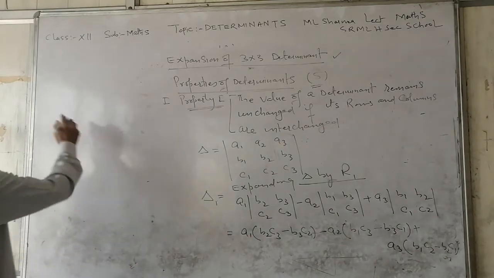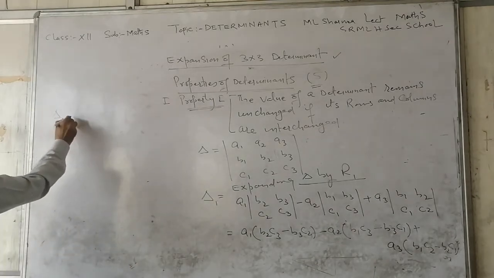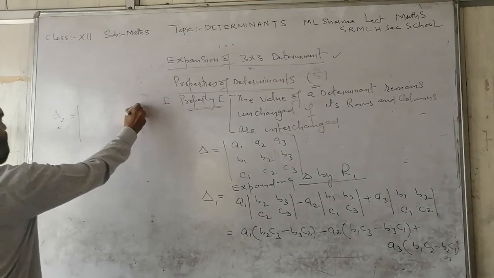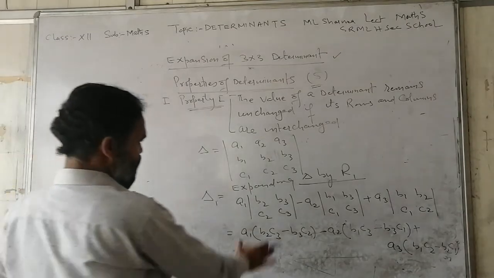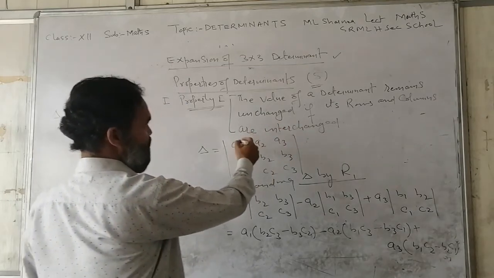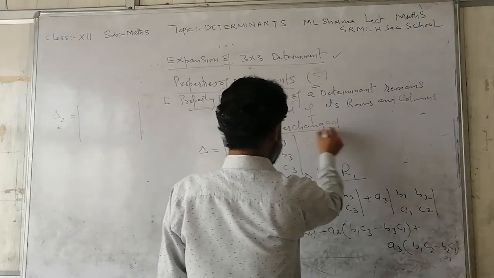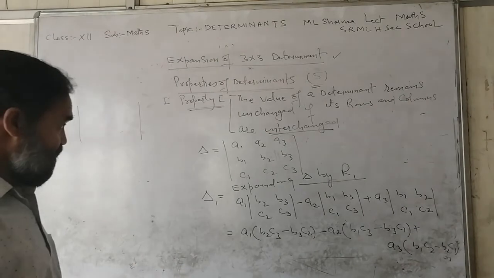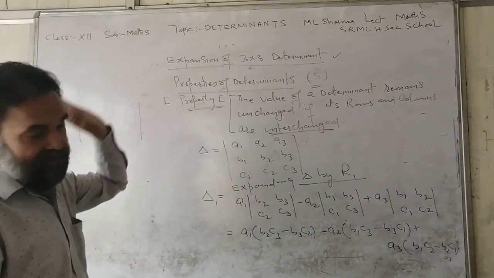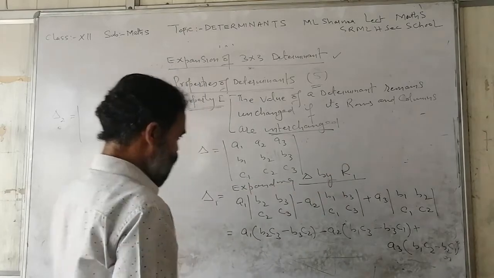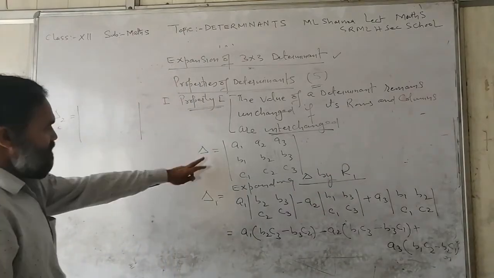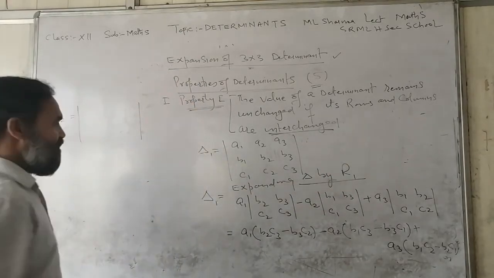Now I take another determinant of the same order by interchanging. The property says if rows and columns are interchanged. So this was the original determinant, I expanded this by making use of row 1, and this determinant was delta 1.